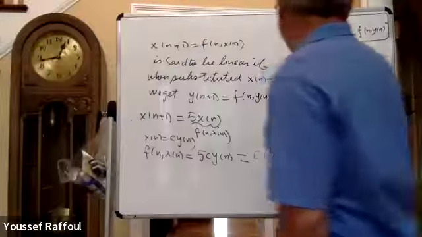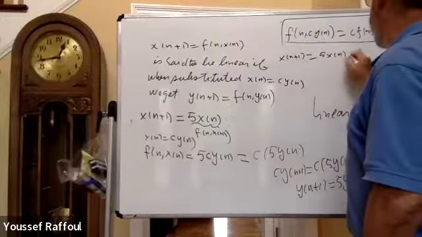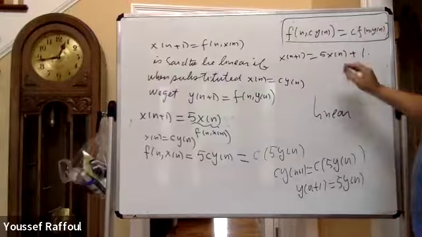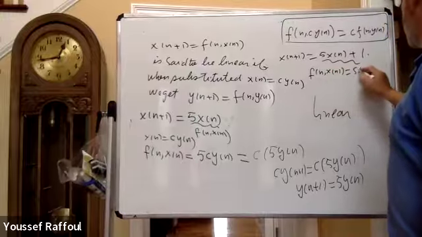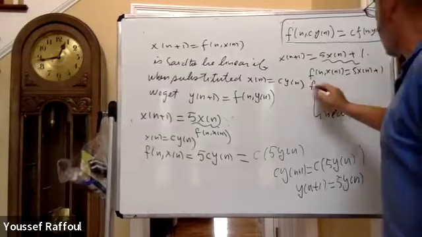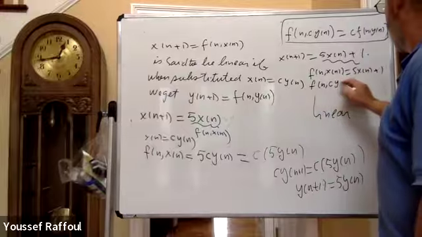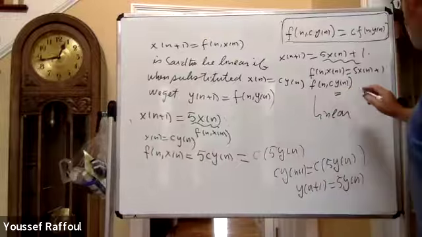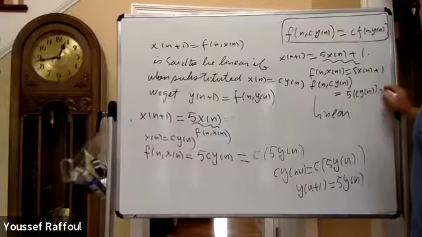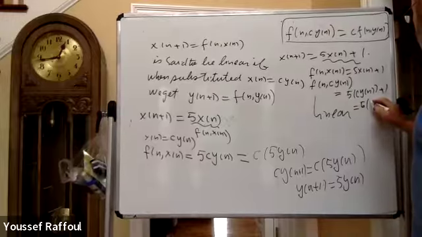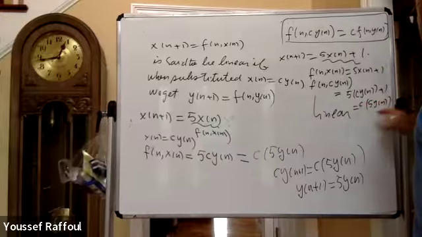And look at the easiest one, x_{n+1} equal 5x_n + 1. Look, we have f_n(x_n) equal 5x_n + 1, and so f_n(c y_n) equals 5c y_n + 1.